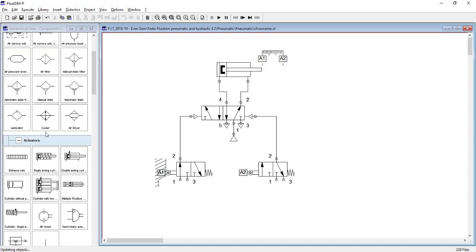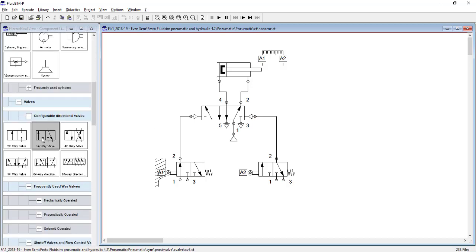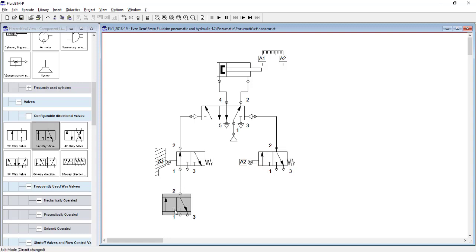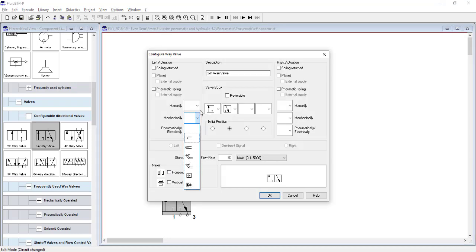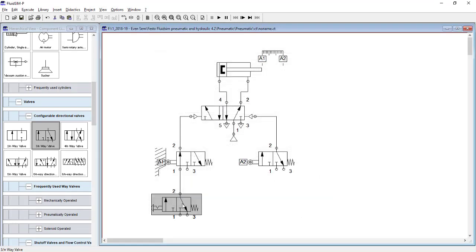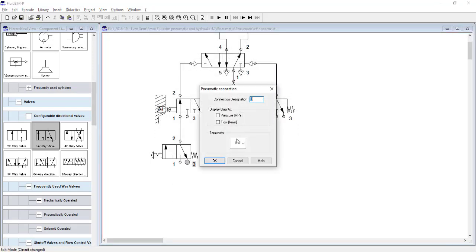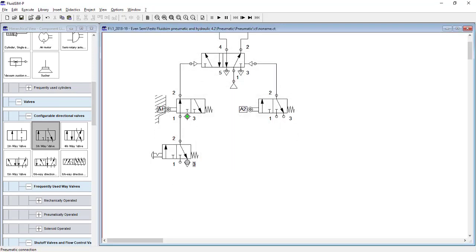Additionally, you would have a 3 by 2 switch over here to control when it turns on and when it turns off, right? And over here you would have an exhaust.